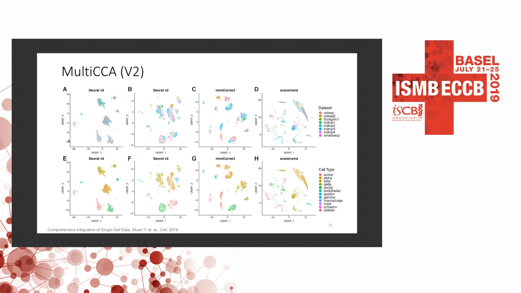They rely on the assumption that your cell type information is very strong and your batch effect is not too large, so they can still correctly find your pairs in the other data set. And you can see that Seurat version 3 can separate these different cell types, while still not doing perfectly. But this is the result from the multi-CCA version 2 paper, so it may be biased towards the result of their method.